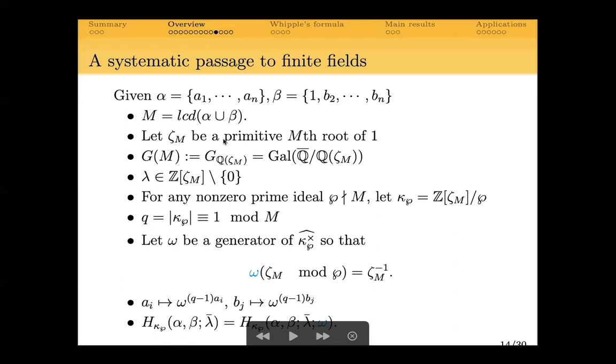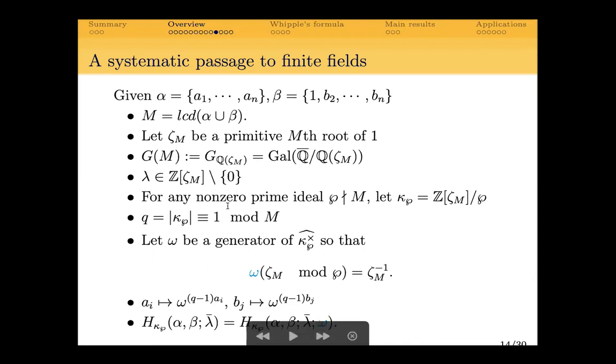Now I'm going to get to the level of Galois representation. So basically the cyclotomic field will be Q joining zeta_m. So if lambda is a nonzero cyclotomic integer in this field, one systematic way to get the finite field analog will be as follows.